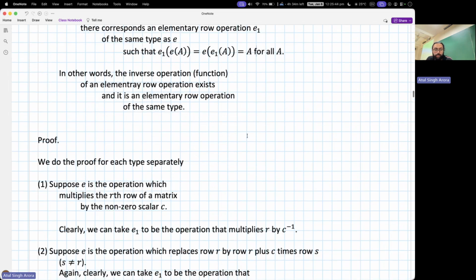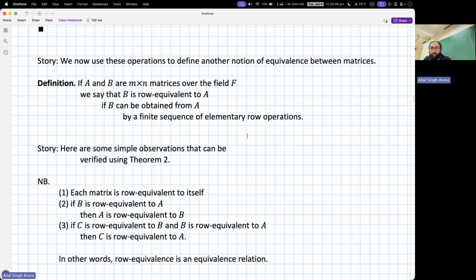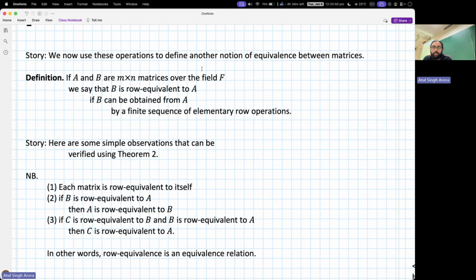All right, so let's continue. Now we use these operations to define another notion of equivalence between matrices. Let's define it a bit more formally. If A and B are M cross N matrices over the field F, we say that B is row equivalent to A if B can be obtained from A by a finite sequence of row operations.